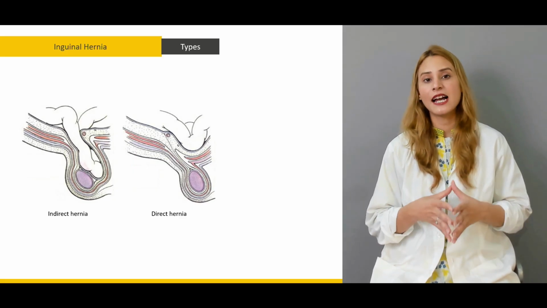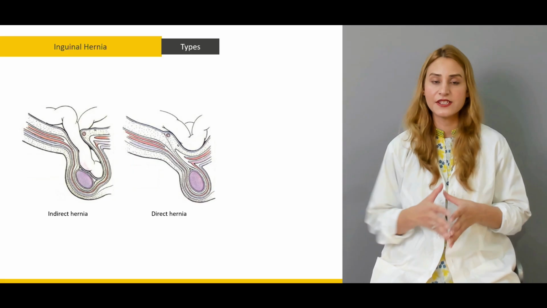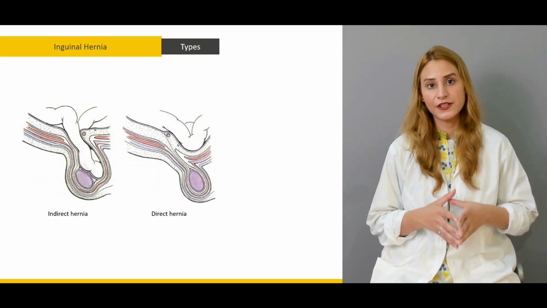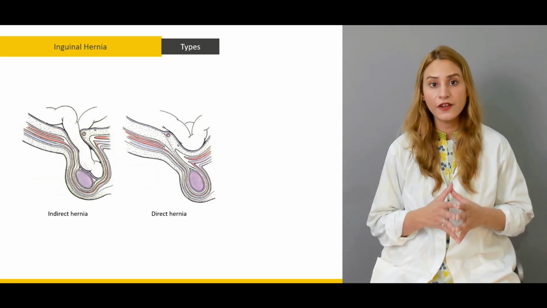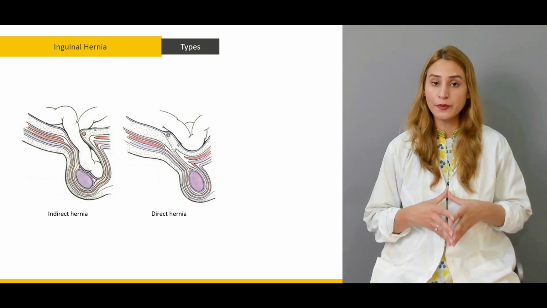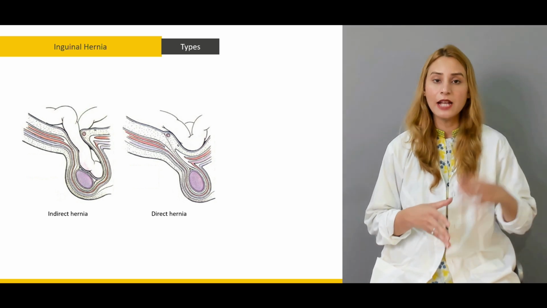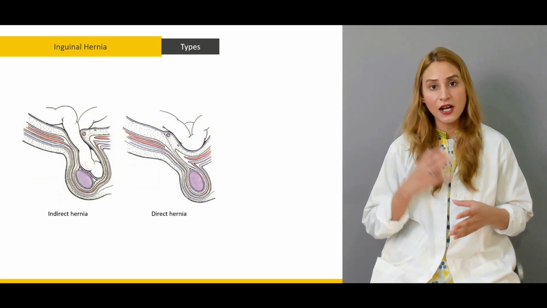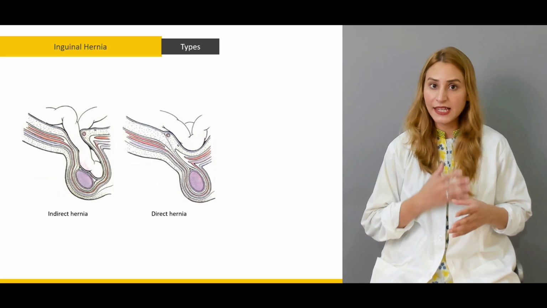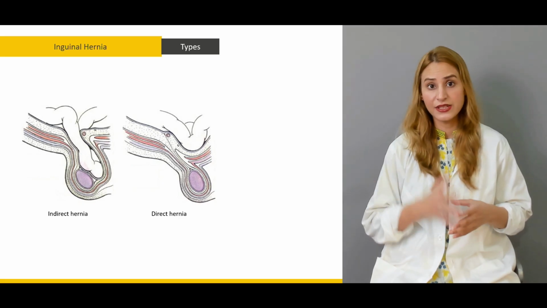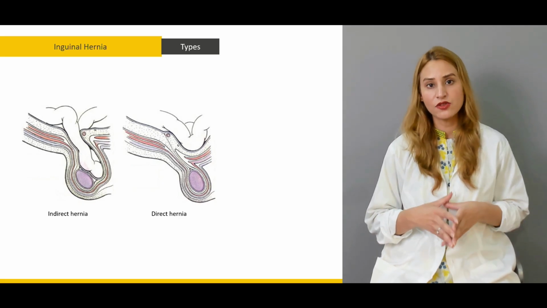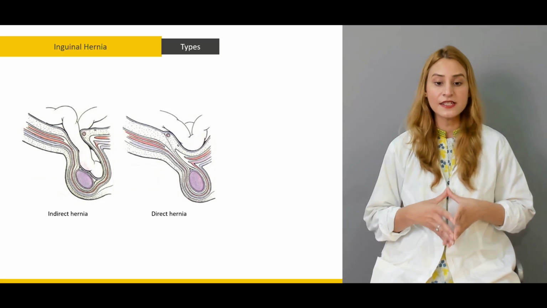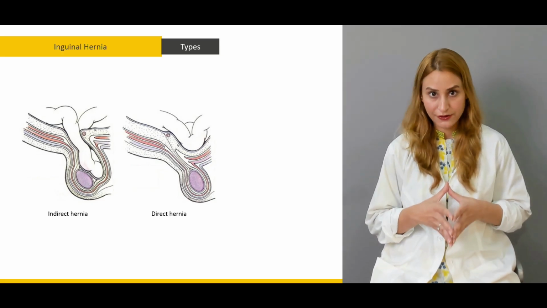But in the later developmental stages, this layer of the tunica vaginalis goes off, but sometimes it persists, and because of this persistence, the abdominal contents herniate through this defect in the Hesselbach triangle. So that's called a direct hernia.